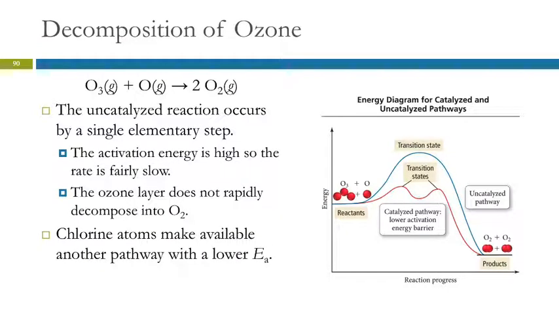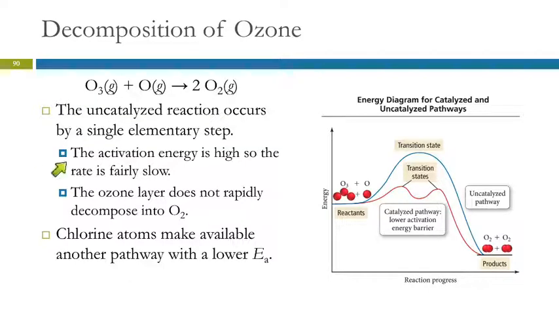So here's an example of an undesirable reaction, the decomposition of ozone. We just looked at that one, right? Ozone reacting with an oxygen atom to form oxygen molecules. So the uncatalyzed reaction is occurring by this single elementary step.